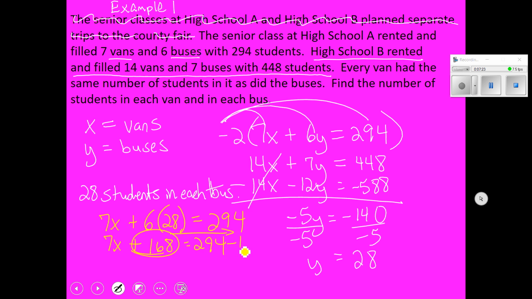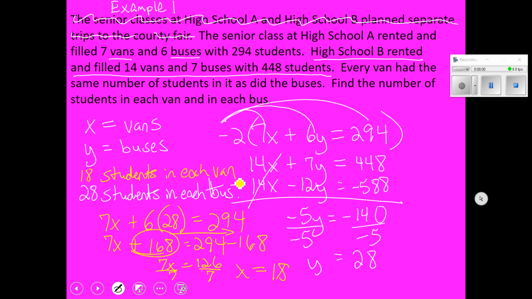So I'm going to subtract 168 from both sides. So 294 minus 168. 7x is equal to 126. So when I divide by 7 on both sides, x is equal to 18. And so we have 18 students in each van.